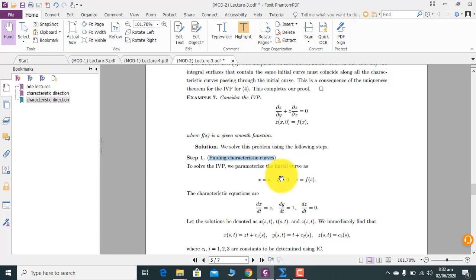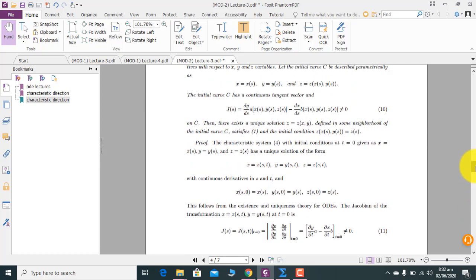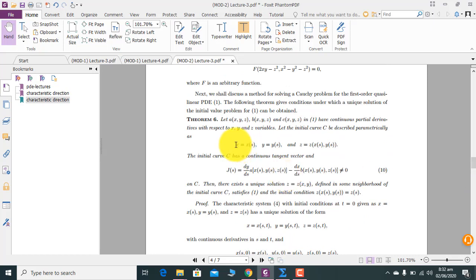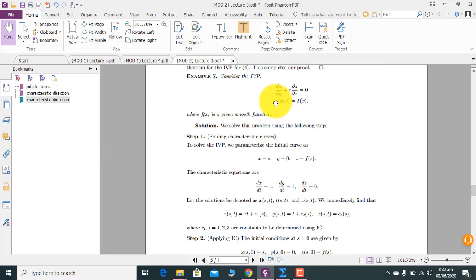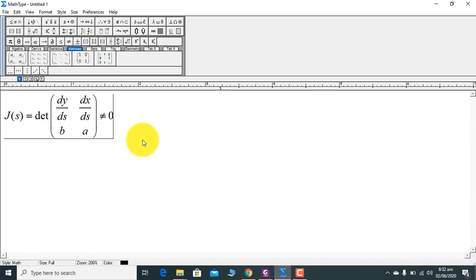The characteristic curves are given by the equations dx over dt is a, dy by dt is b, and dz by dt is c. But before that, in the first step, you must parameterize the initial curve. Look back at the theorem that we have just now studied; the initial value problem must be parameterized in that form. So what is the initial curve? The initial curve is given as z of x comma 0 is f of x, which means that z is your required solution, a function of x and y.